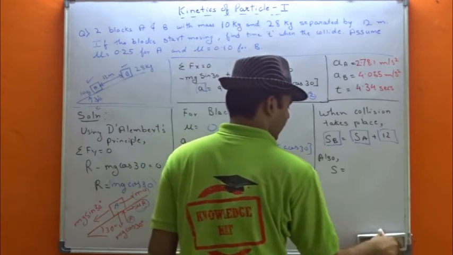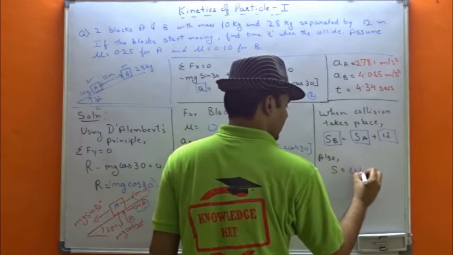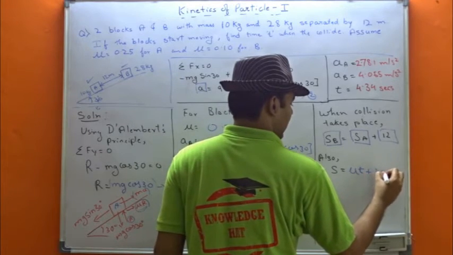And we have our formula, which is S is equal to ut plus half at square.